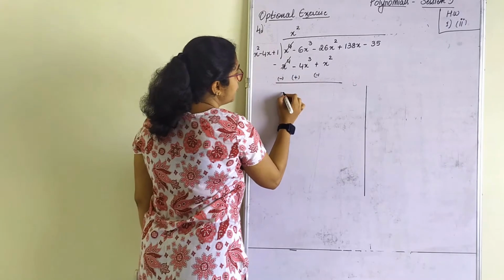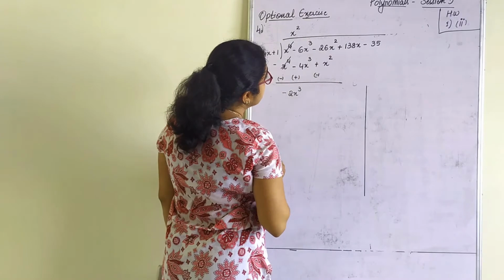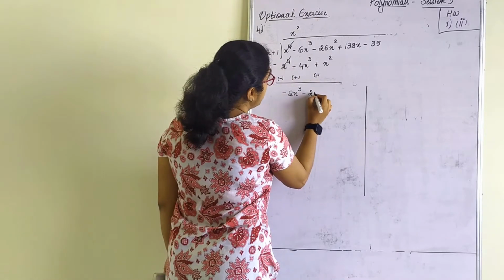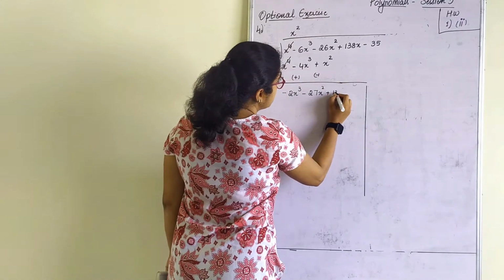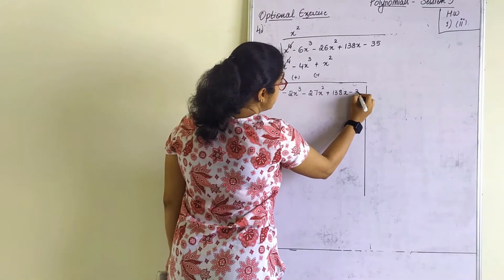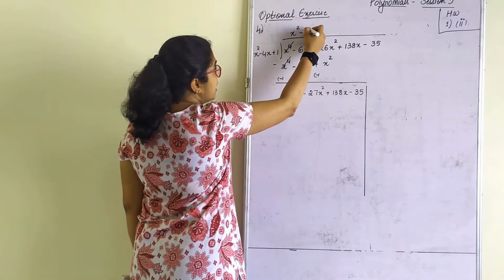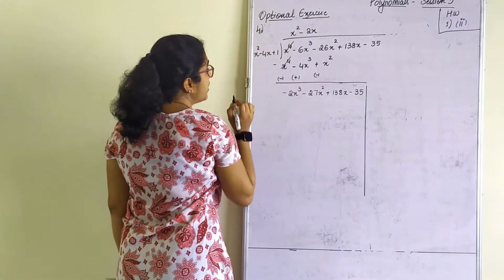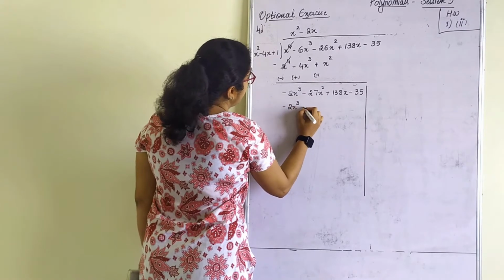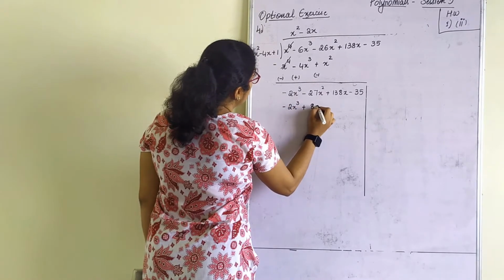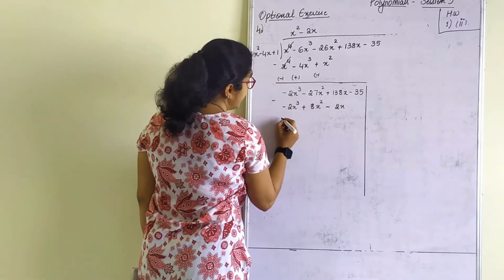Minus 6 plus 4 will give you minus 2x cube, minus 26 minus 1 will give you minus 27x square. Write the remaining terms as it is, 138x minus 35. Since we have minus 2x cube, this is going to be minus 2x. Minus 2x into x square will give you minus 2x cube, plus 4, 2 4s are 8x square, minus 2x. Change the sign, subtract it.